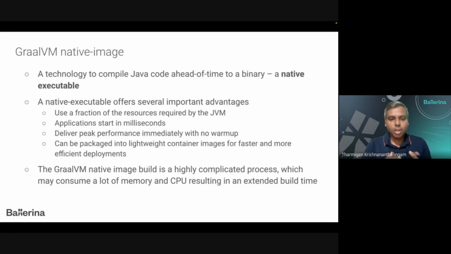These performance improvements come at a cost, where the GraalVM native image build is a highly complicated process in which they do a static analysis to find all the reachable code, and also do a lot of optimization at the compiling phase as well. This may consume a lot of memory and CPU, and it can result in an extended build time.